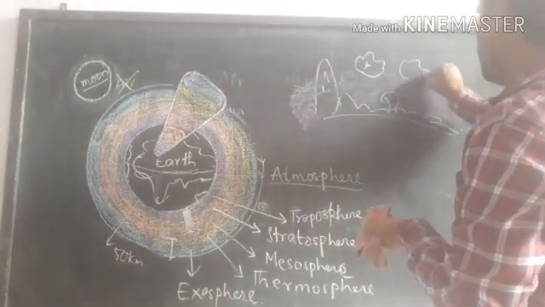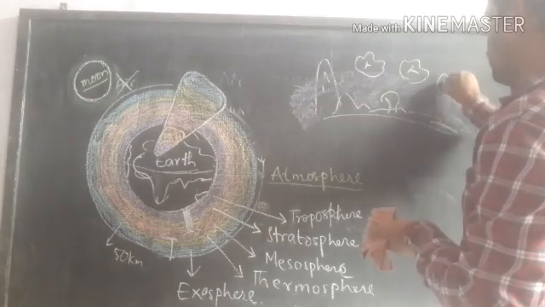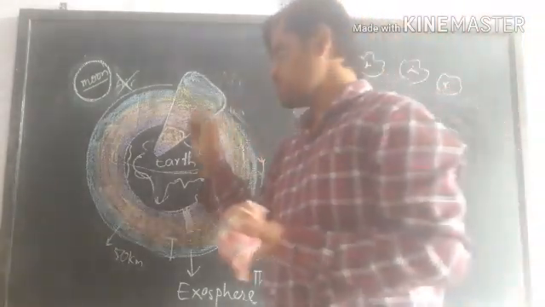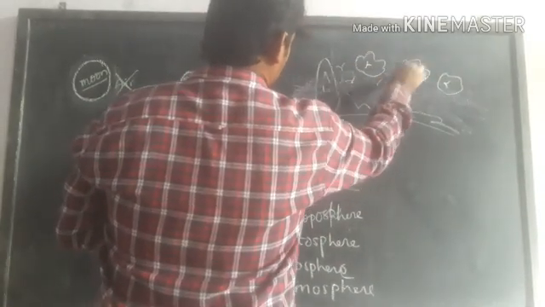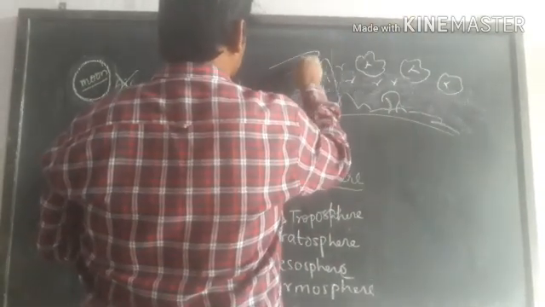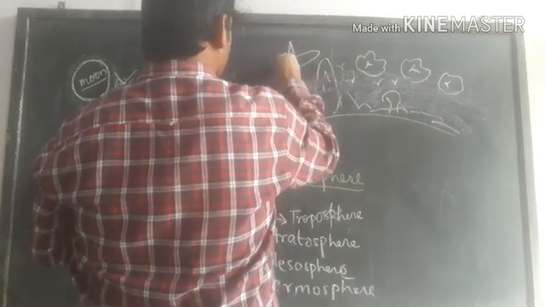Clouds appear in the troposphere, birds fly in the troposphere, and even aeroplanes move in the troposphere.